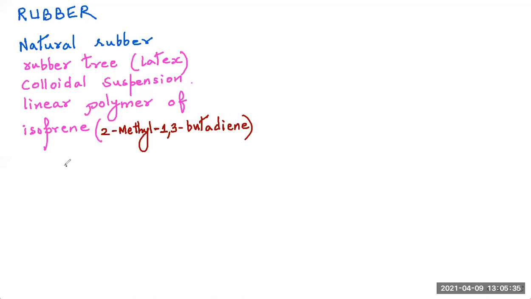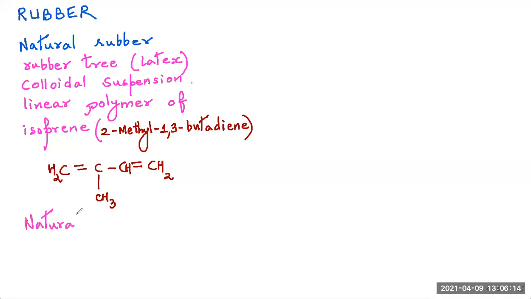See how the structure will be. 1,3-butadiene, and second position methyl. Can you tell me what is the difference between chloroprene and isoprene? It's just 2-chloro. Yeah, methyl.